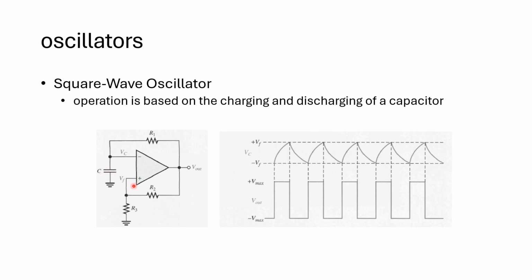And the non-inverting input, so this is our non-inverting input, is a portion of the output fed back through resistors R2 and R3. When the circuit is turned on, the capacitor is uncharged, and thus the inverting input is at 0.